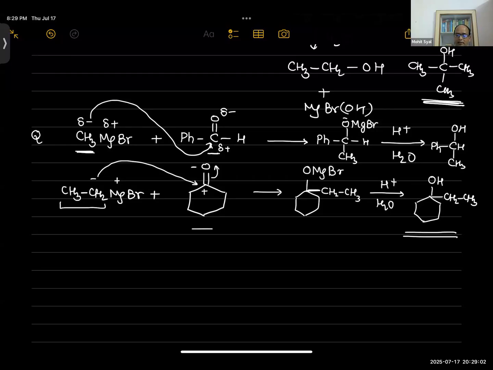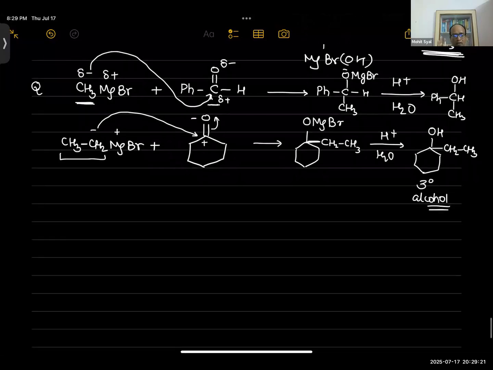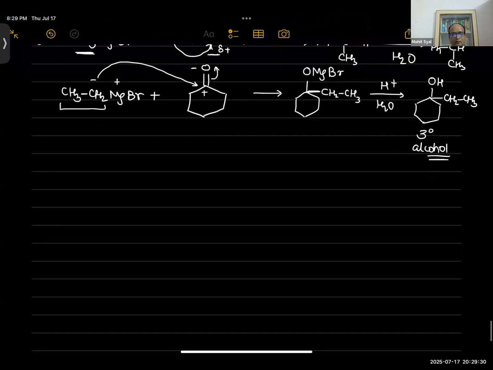So this is a ketone and we ended up with a tertiary alcohol. If I give a ketone or if I give a final tertiary alcohol, you need to tell me which ketone and which Grignard do I need to take.